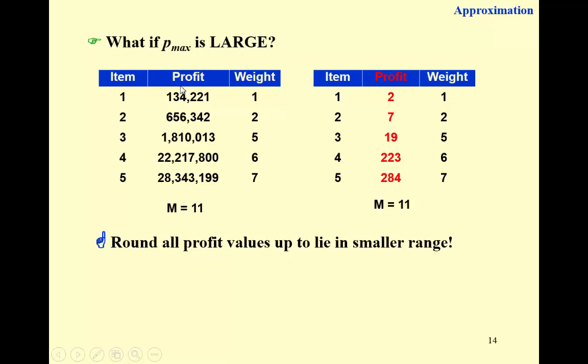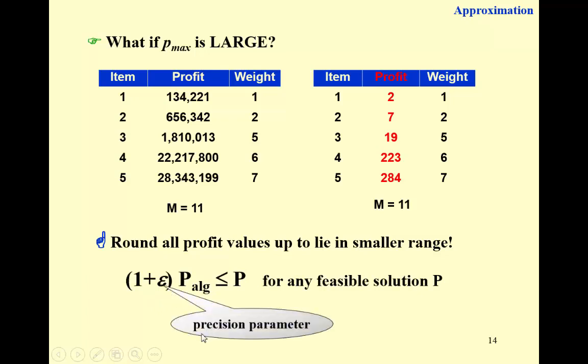In this case, divide every profit by something like 10,000. So P max is now only something less than 300, and that will run much faster. However, the solution may no longer be accurate, right? It's proven that the approximation ratio is related to some epsilon, where that epsilon is a kind of precision parameter.